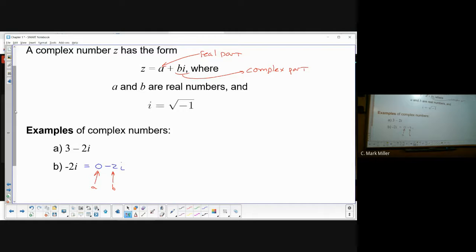And so when we were talking about quadratic equations in previous days, I mentioned that all quadratic equations have 2 solutions if you count multiplicities. If the discriminant, the part under the square root, b squared minus 4ac, is negative, then you have 2 complex solutions to that quadratic equation.